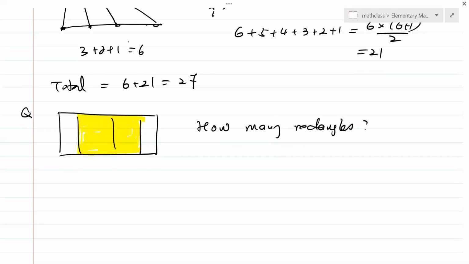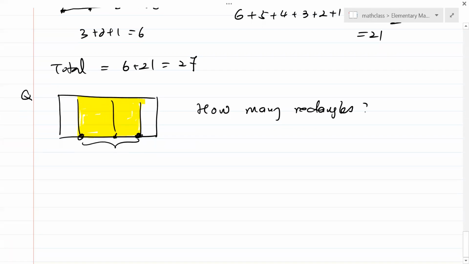10. Right, so this is similar to counting the triangles because every pair of points gives you one rectangle, right? So how many pairs are there? 1, 2, 3, 4, 5 points.